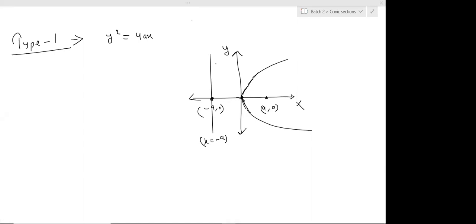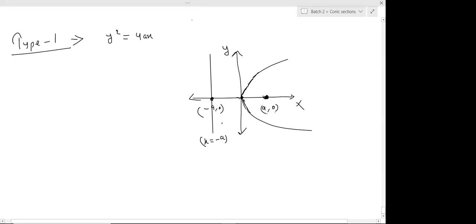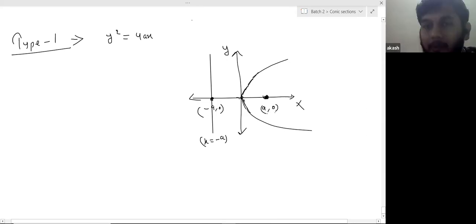Yes, sir. See, the definition of parabola is all the points that are equidistant from a fixed point and a fixed line. So the fixed point is this. We call it the focus, a comma 0. And the fixed line is the directrix. If the vertex is at 0 comma 0, then this point is also on the parabola, and this distance is a.